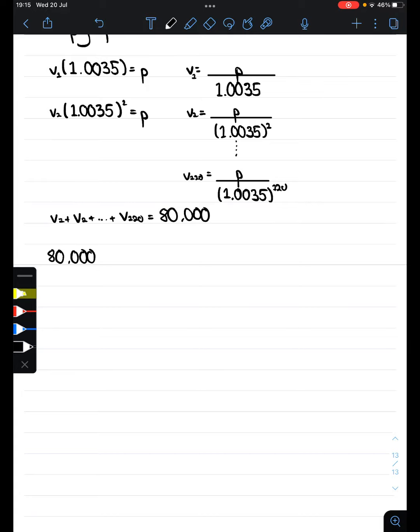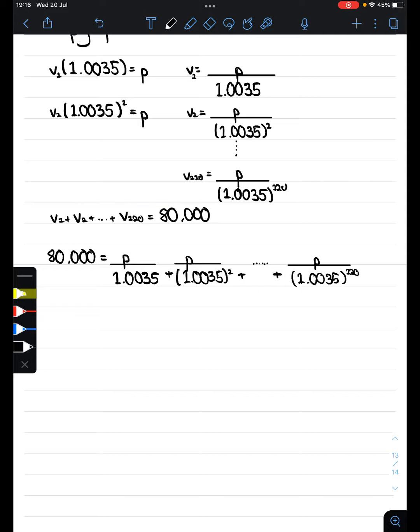80,000 equals P over 1.0035, plus P over 1.0035 squared, plus all the way to the value of the last payment, P over 1.0035 to the 120.